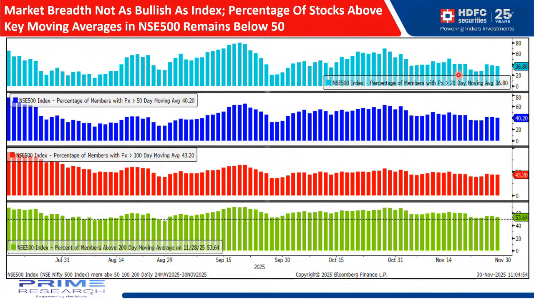Nowadays it is not that easy, choppiness has gone up, and most of the stocks are not performing. Only a few stocks are actually supporting the index, and that is why Nifty has hit an all-time high, but without the participation of the broader market. This is what is lacking in the current environment.